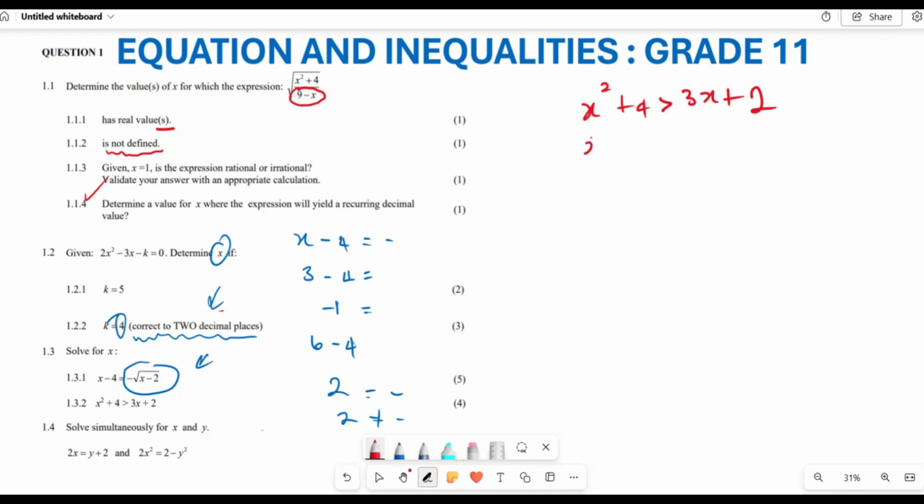So this is going to be same as x squared minus 3x plus 4 minus 2 is greater than 0, right? Can you see what I did here? I simply just transposed whatever that I was having this other side. Now this is same as x squared subtract 3x and 4 subtract 2. This is going to be same as positive what? Positive 2, which is going to be greater than 0.